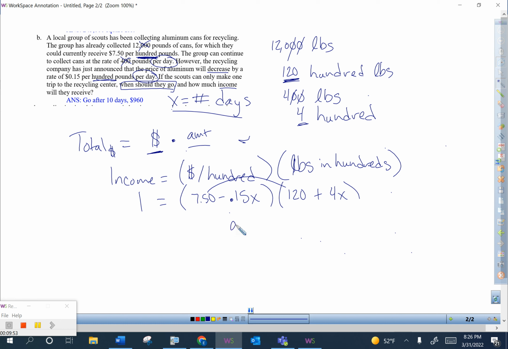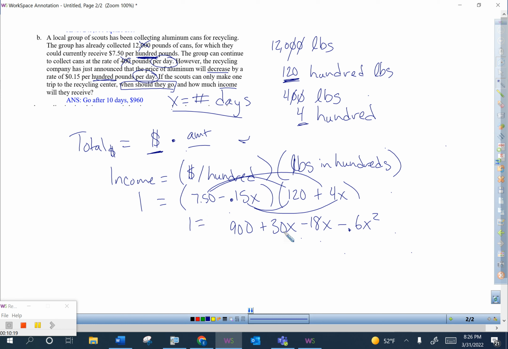So that would be 900, and then 4 and 7.5 is 30, so that would be a positive 30x. Then 0.15 and 120, that would be minus 18x. And then lastly, minus 0.6x squared.